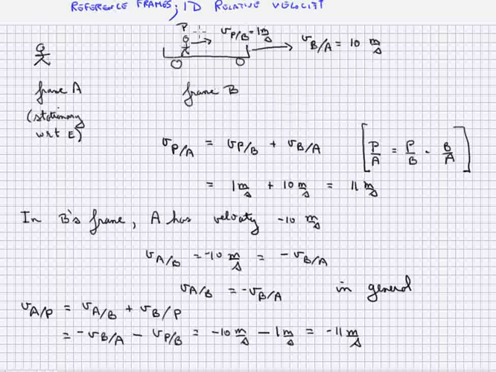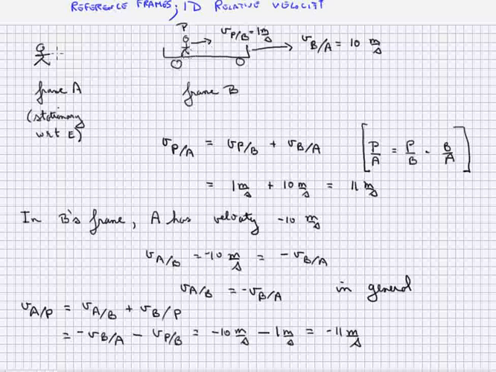And furthermore, if you are walking at 1 meter per second relative to the train, you're going to see velocities around you differently than I will.